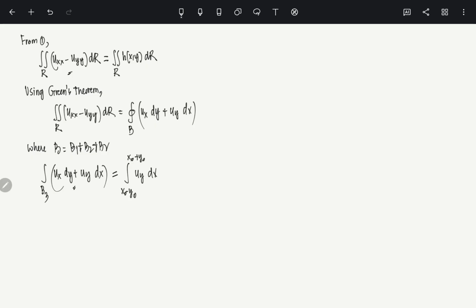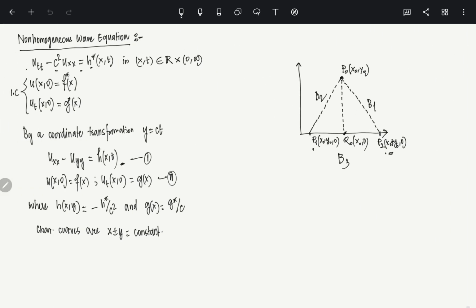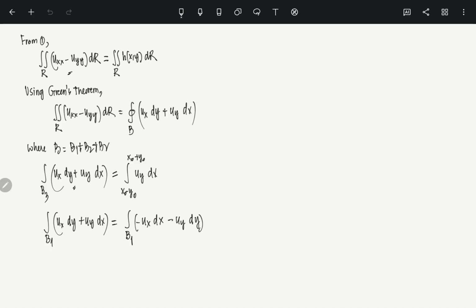Right. Clear? Okay. What happens to b1? Let's say ux dy plus uy dx. I hope you know how to calculate line integrals, right? We are going to use that for this part. The integral over b1 becomes minus ux dx minus uy dy. We are just writing it down because you parameterize b1 and based on that this is what you get.